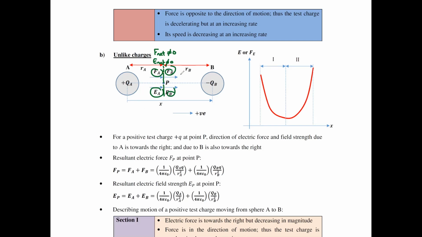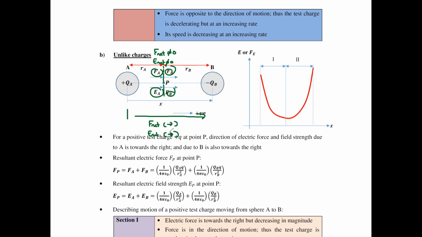If you go from the left towards the right, your Fnet will always be continuously towards the right. Your Enet will always be continuously towards the right.